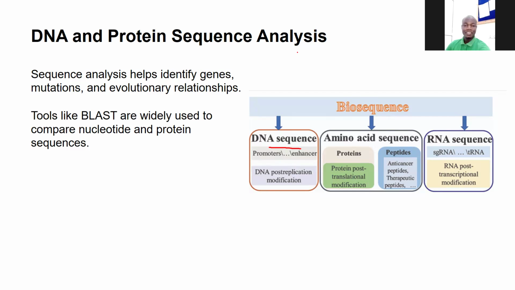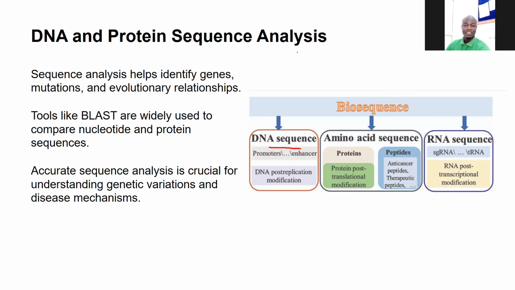Tools like BLAST are widely used to compare nucleotide and protein sequences. BLAST stands for Basic Local Alignment Search Tool. It can be used to compare nucleotide and protein sequences across different organisms. We are also going to do a video that shows how to do the BLAST search for both nucleotide and protein sequences.